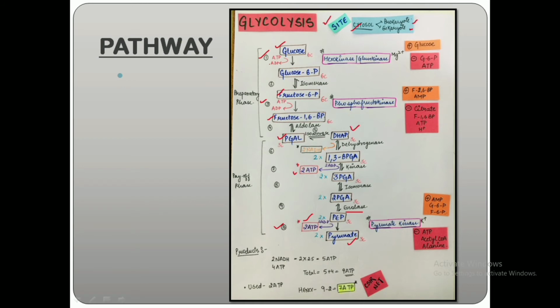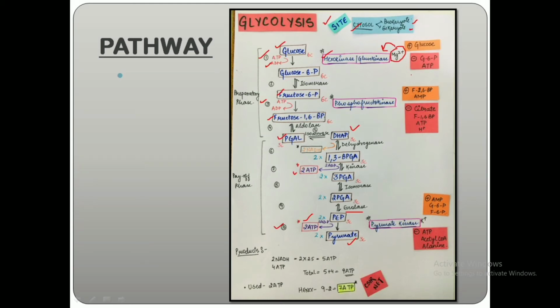At step 1, we have hexokinase or glucokinase, which helps in the conversion of glucose into glucose 6-phosphate by the usage of one ATP. We also need to remember that Mg2+ is used as a cofactor by this enzyme for functioning.